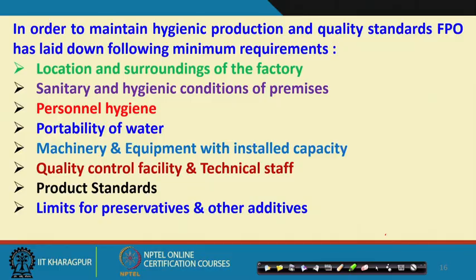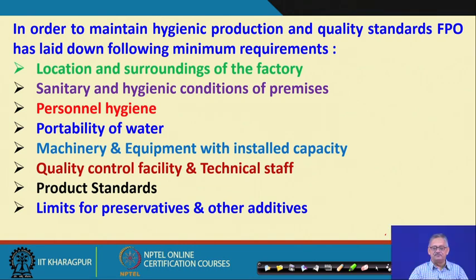Many such marks, whether FSSAI or BIS, are on the package depending on the type of package and the product itself, but they are there. The standard of the product is claimed by the company and certified by the FPO or similar agencies like AgMark, etc. Then limits for preservatives and other additives.